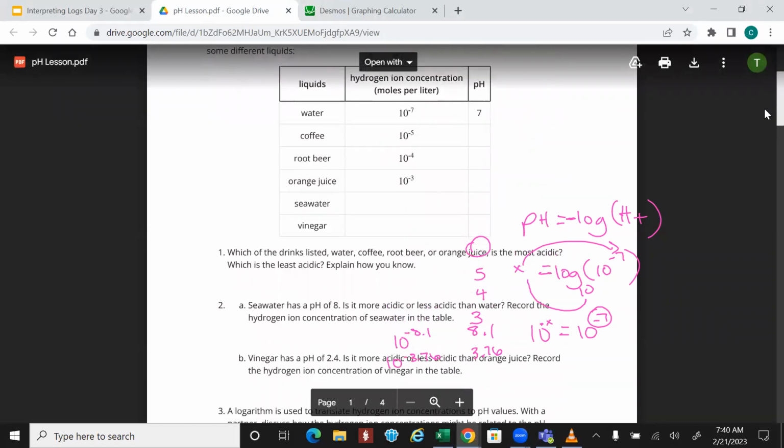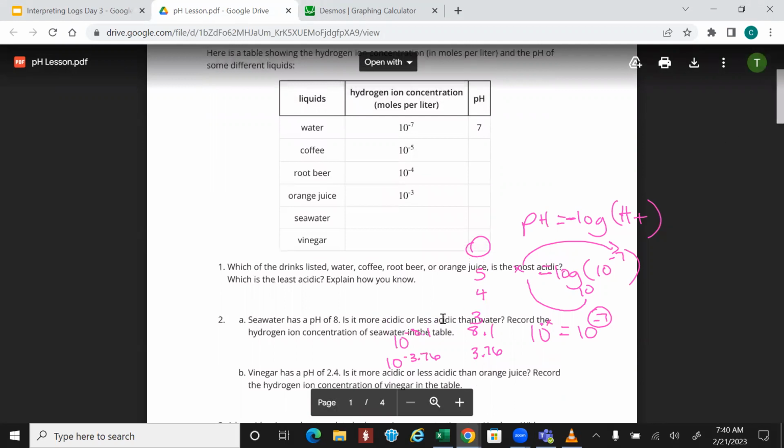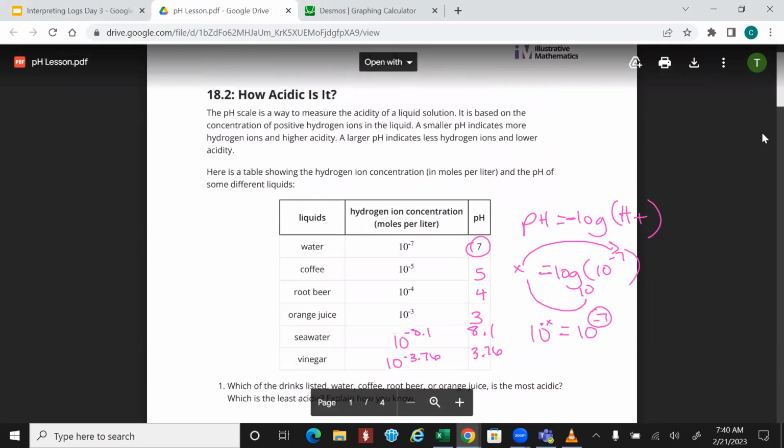All right, so seawater has a pH of 8. Is it more or less acidic than water? Less acidic, right?